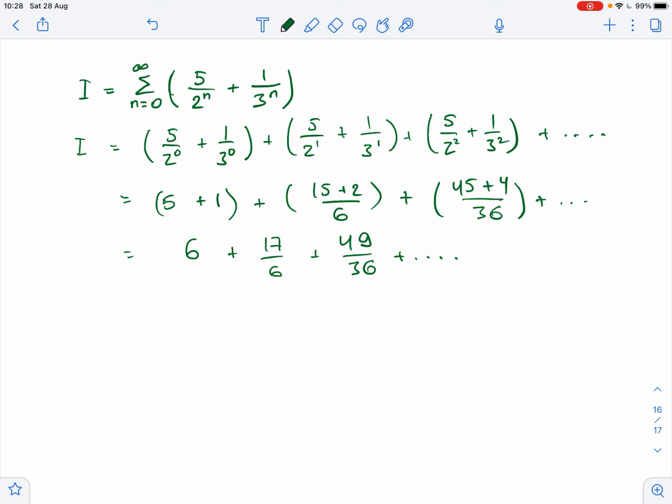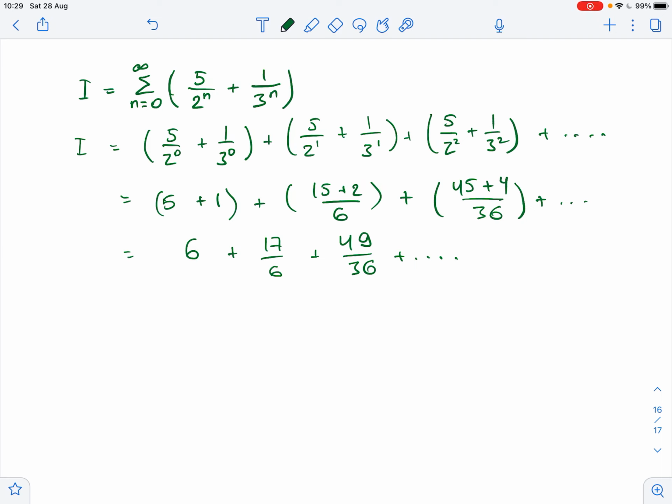So since the given series is a geometric series, we will use... before we find the value of this series, let me explain.